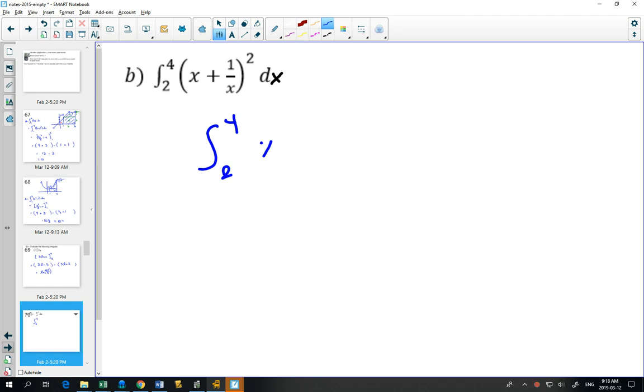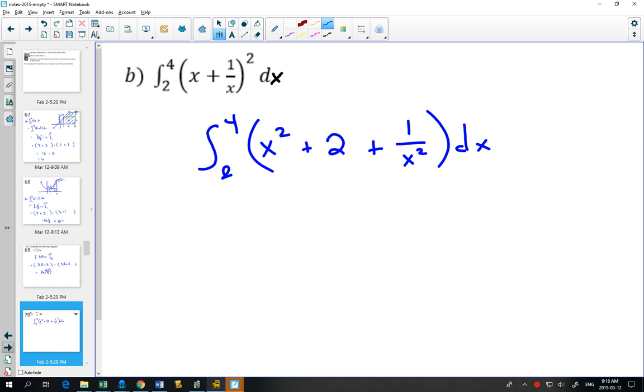If I multiply this out, are you okay with that? You could draw all the arrows and do it off to the side.